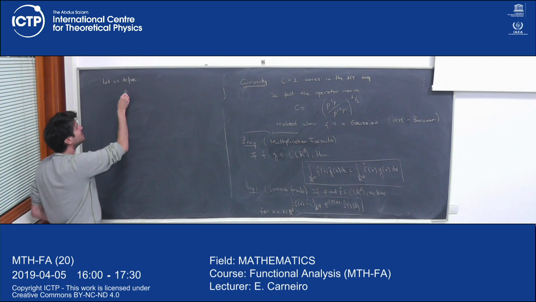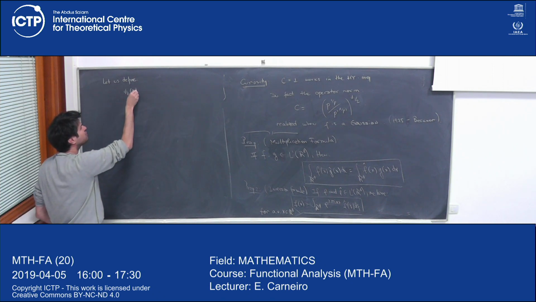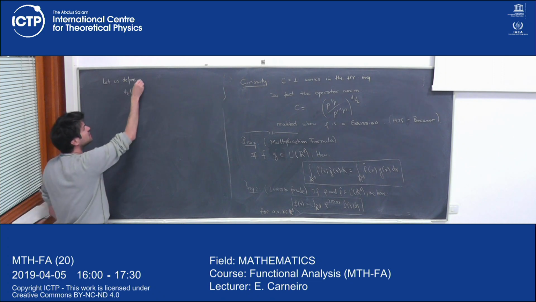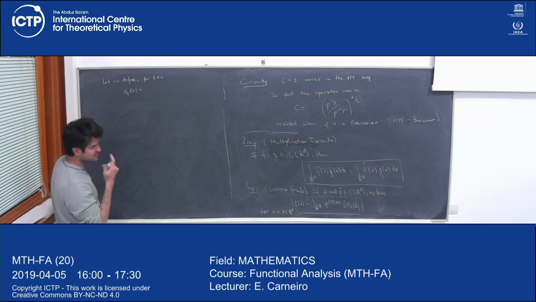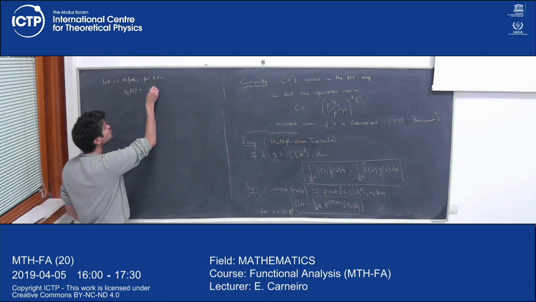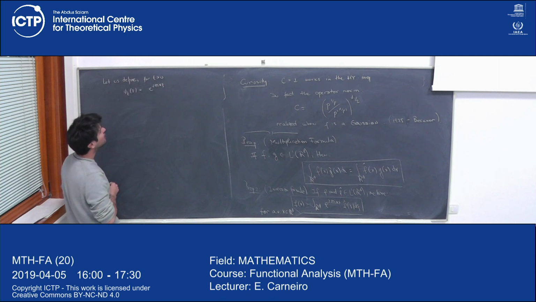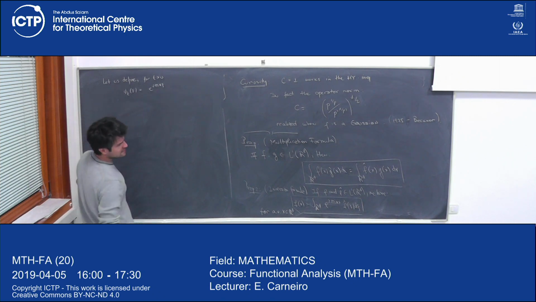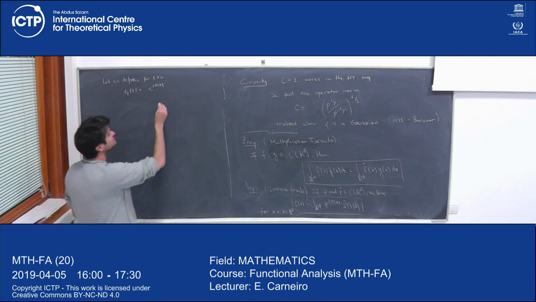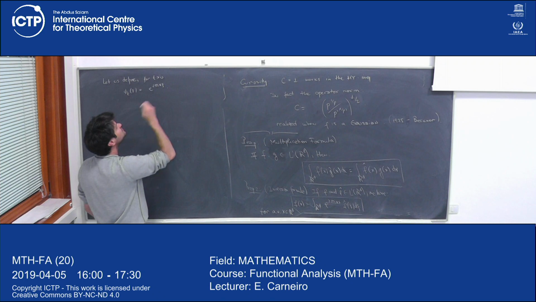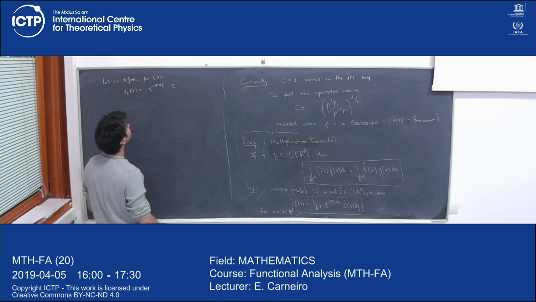phi t of xi, with the parameter t here, so for t bigger than 0, let me define phi t of xi to be e to the 2 pi i x xi, this guy, times e to the minus, so what do I want here?